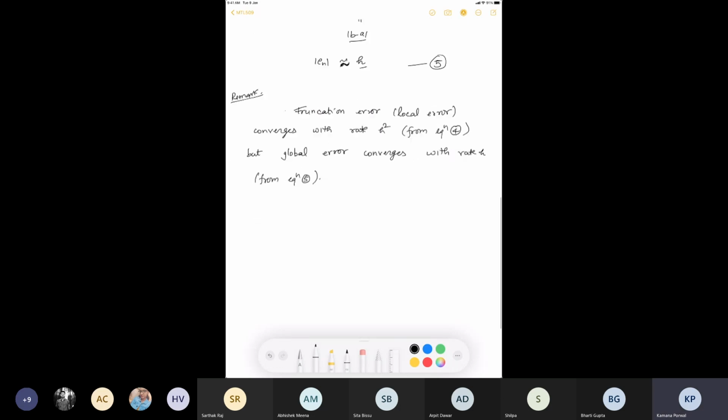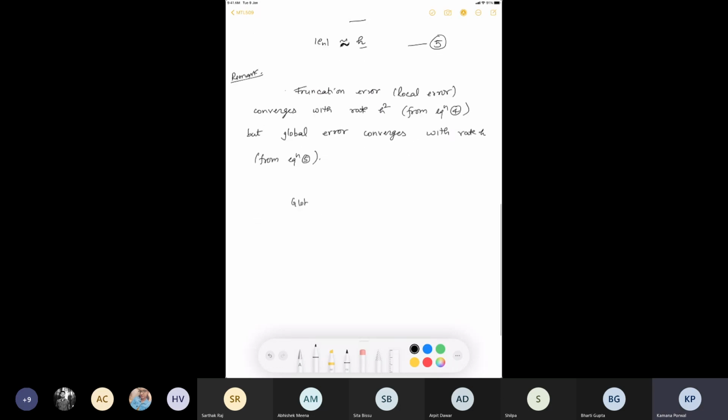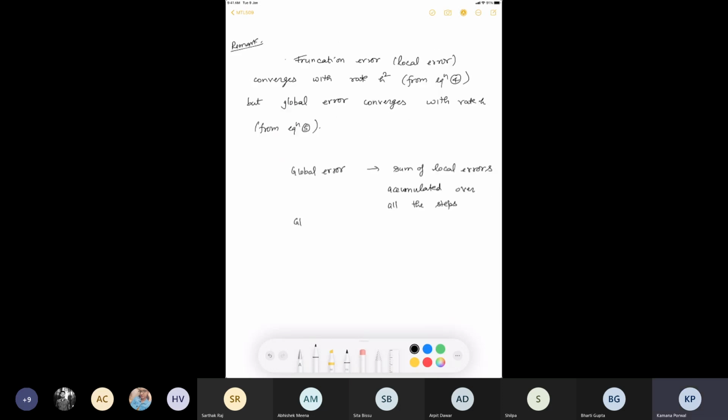Okay, so basically you can treat the global error as the sum of local errors which are accumulated over all the steps, right? So in a way, I can see that my global error is going to be the local error times the number of steps.